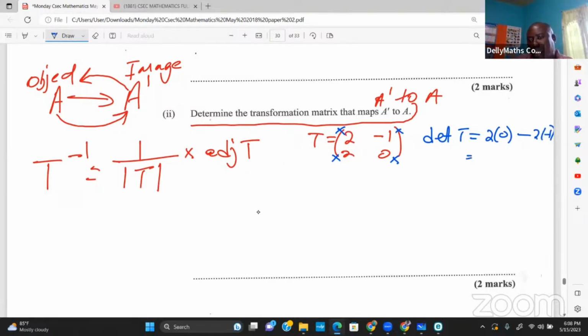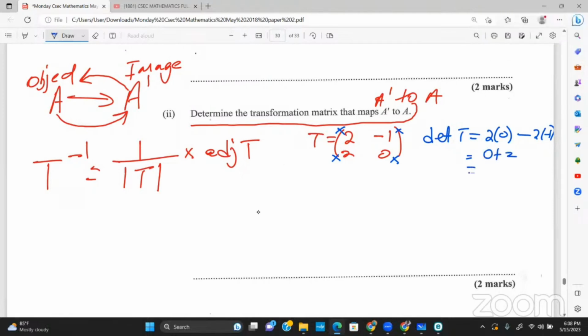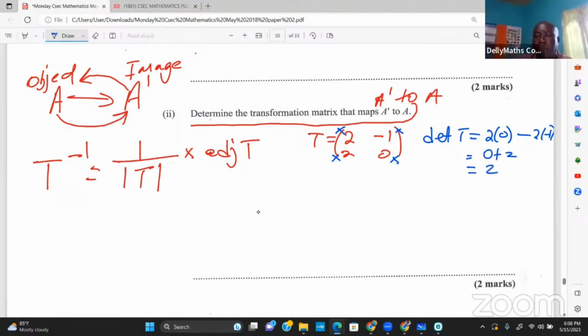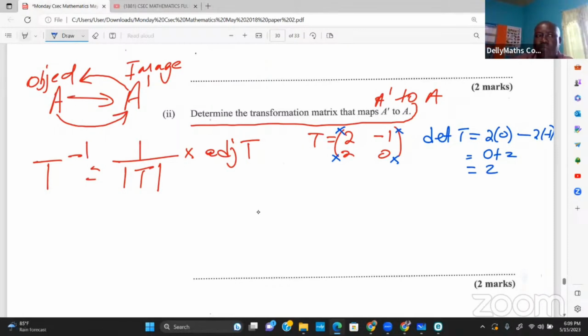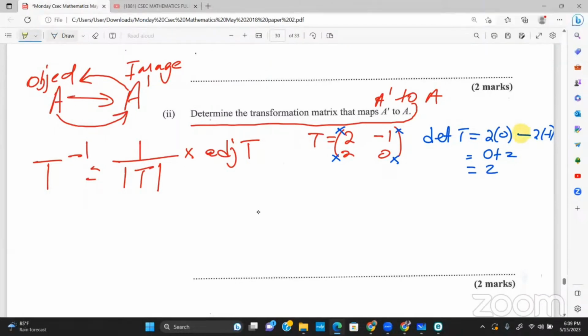So what we're looking at here is 0 plus 2, which is 2. Go ahead, you could put the -1 first also. Just make sure that you don't mix it up with this. This must be there, that's a part of the formula. But yes, either one could go first.